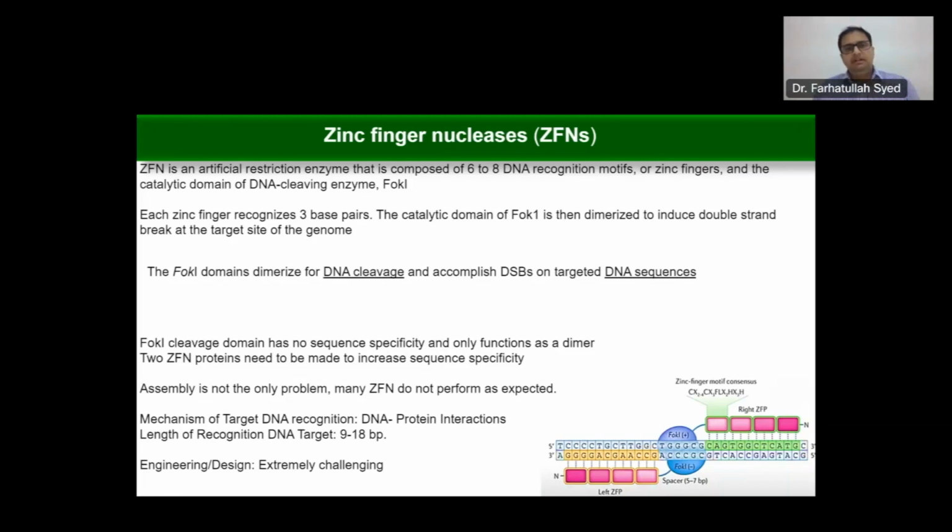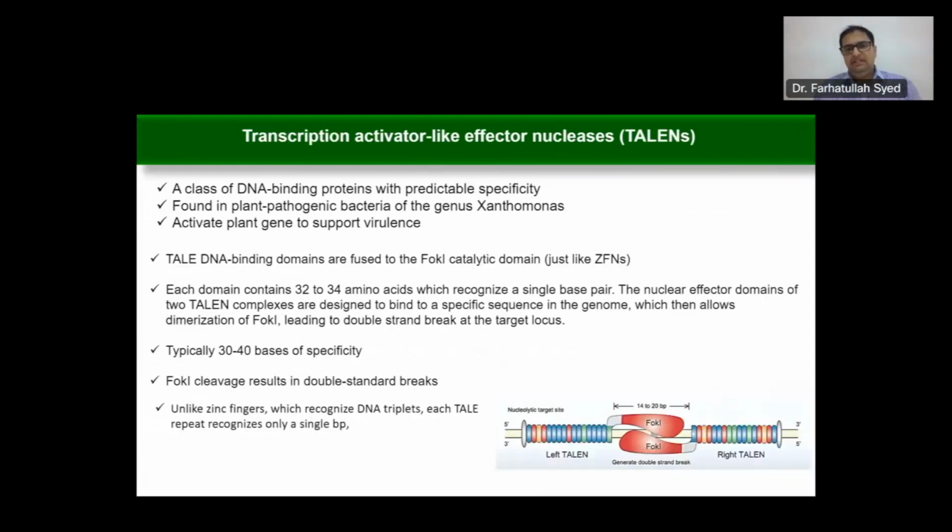Now the third DNA editing machinery is the TALENs, a class of DNA binding proteins with predictable specificity. These TALENs are similar to zinc finger nucleases. They are fused to the FokI catalytic domain to create these engineered transcription activator-like effector nucleases.